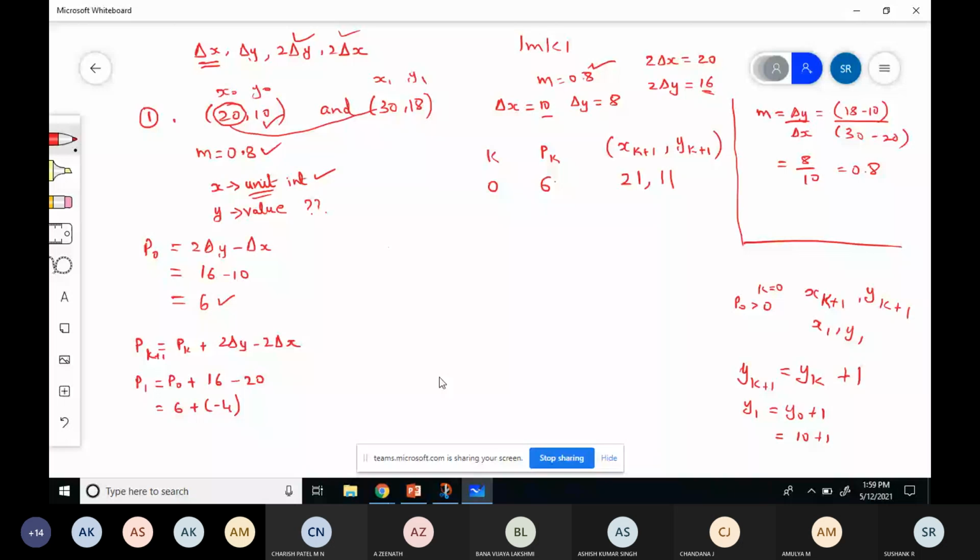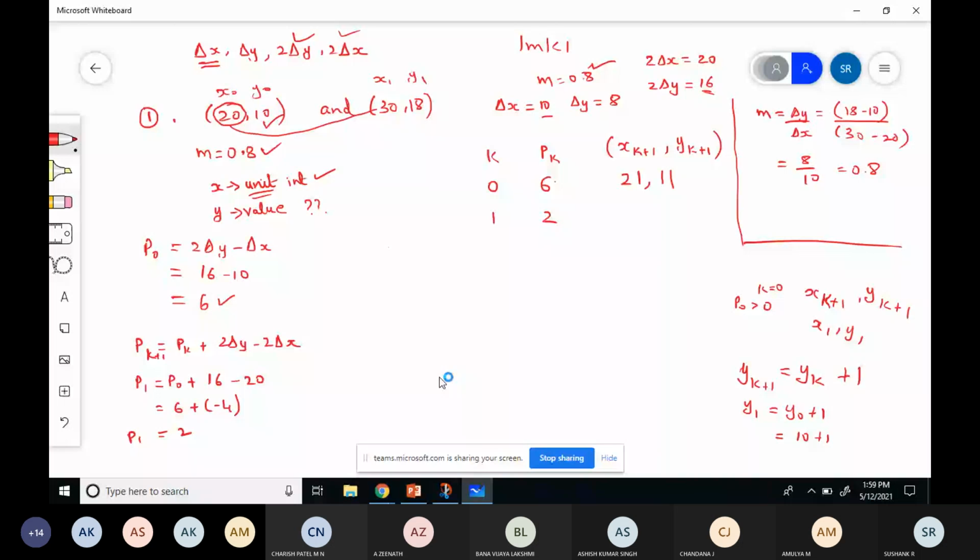So p1 will be 2. Now how to plot this? When k is 1, what is the p1 value? It is 2. So this will become x2 comma y2.